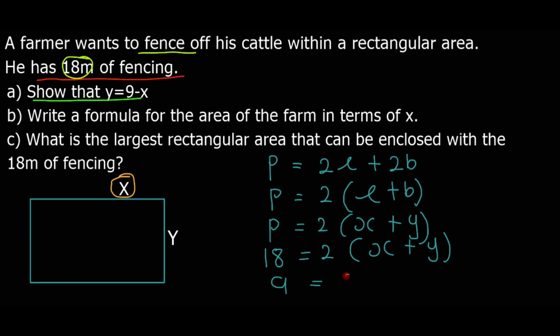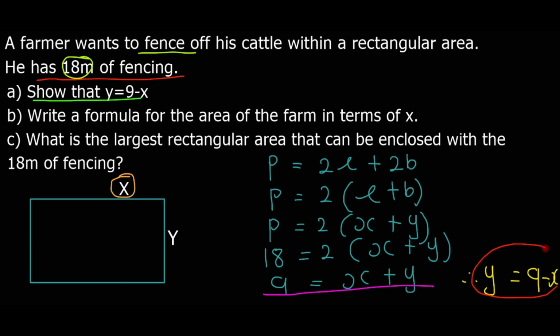So we remain with x plus y. Because we want to solve for y, we take x to the other side, therefore y equals 9 minus x, because when you jump over the equal sign you change the sign. So that is the answer to part A: we have shown that y equals 9 minus x.